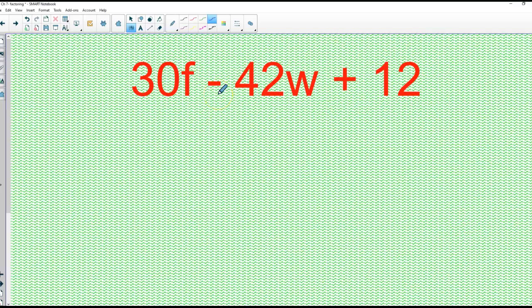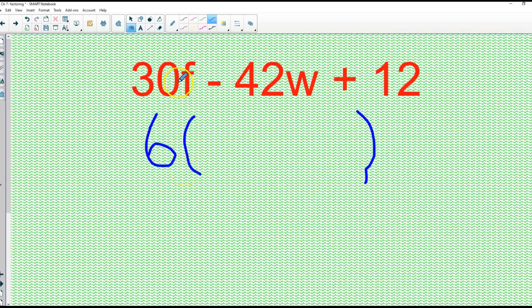So in this problem, we cannot pull out a negative like we did previously. Okay? So that will not come into play here like we did on the last one. So now we need to find, if we look at our numbers, 30, 42, and 12, the biggest factor for all of them. The largest one that they share in common, and I think that would be 6. So I'm going to put a 6 on the outside here.